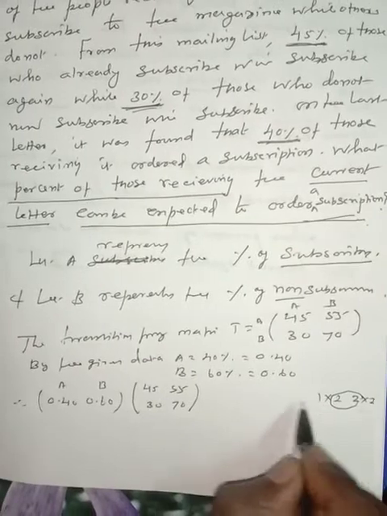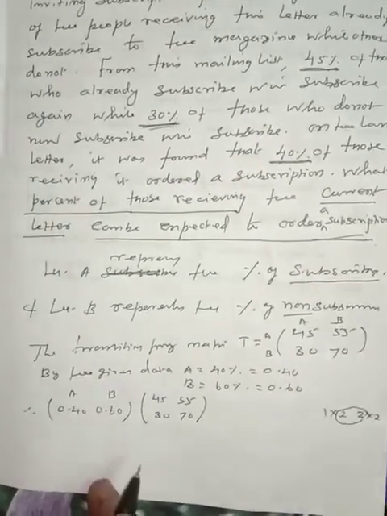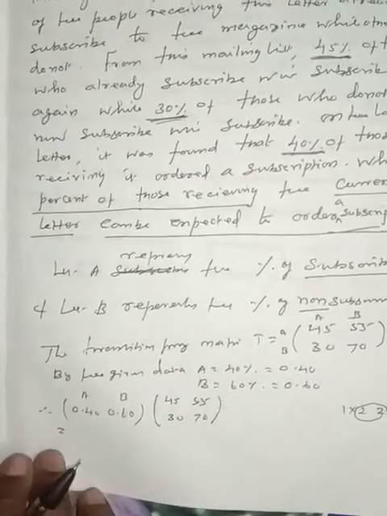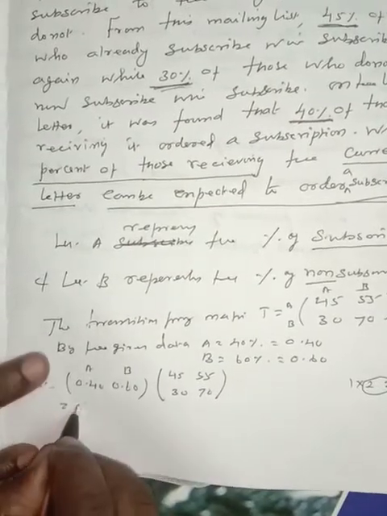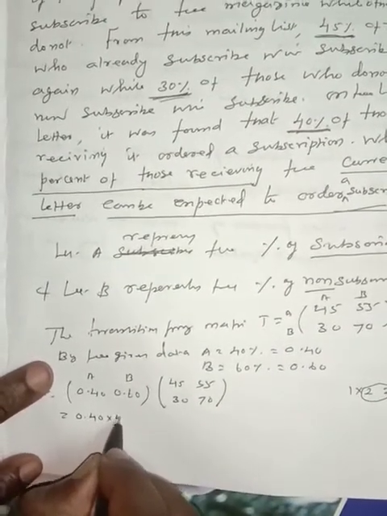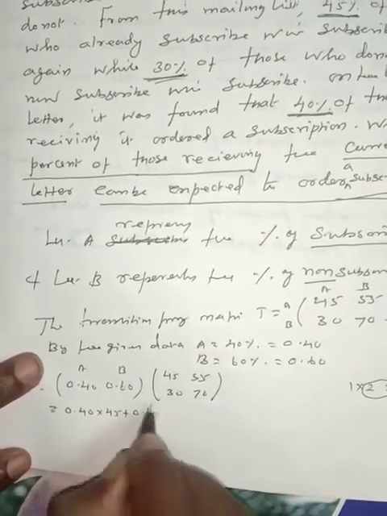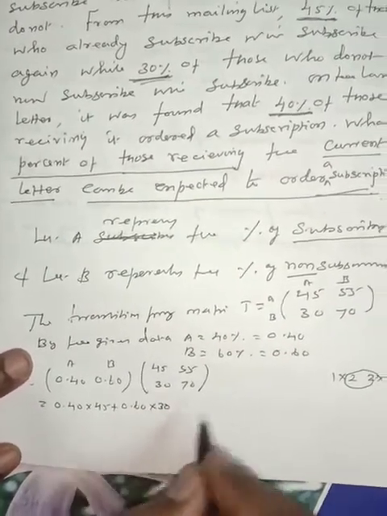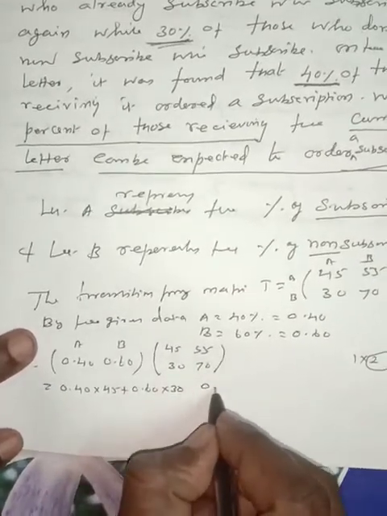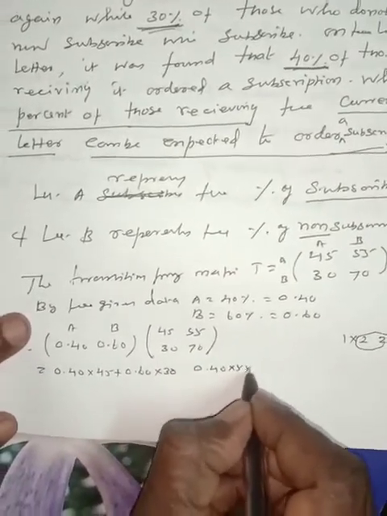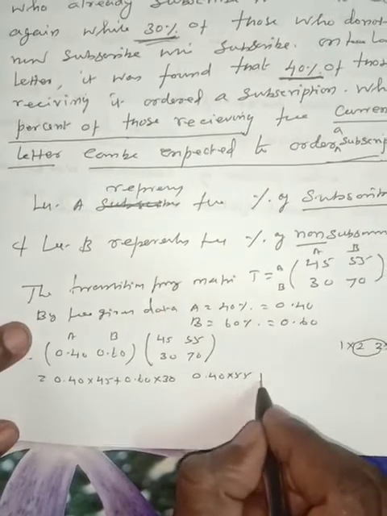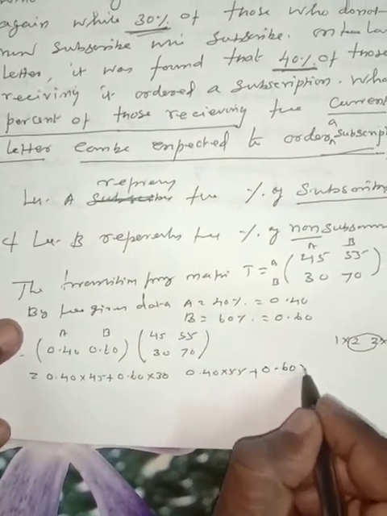So we get the 1 cross 2 matrix equal to 0.40 into 45 plus 0.60 into 30, next 0.40 into 55 plus 0.60 into 70.